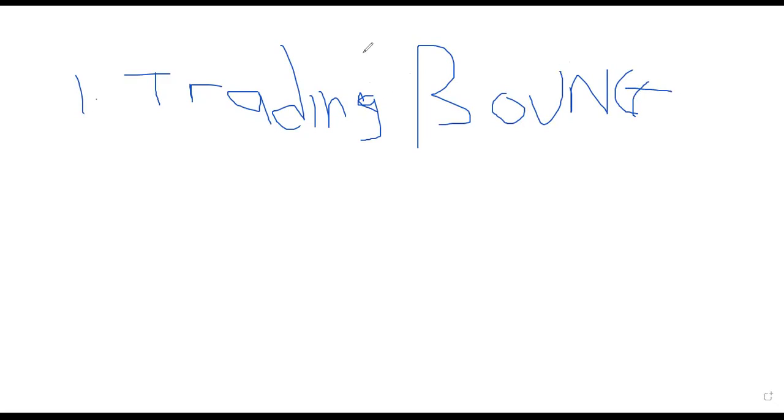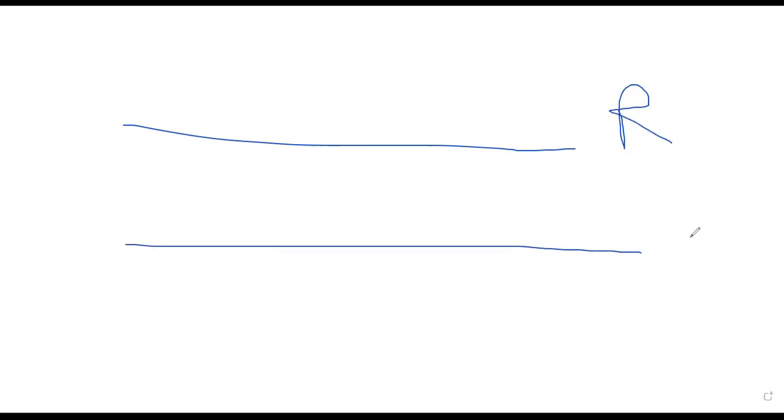Now, trading the bounce is when you have a situation like this. You know, support and resistance, you have two lines, R and S.